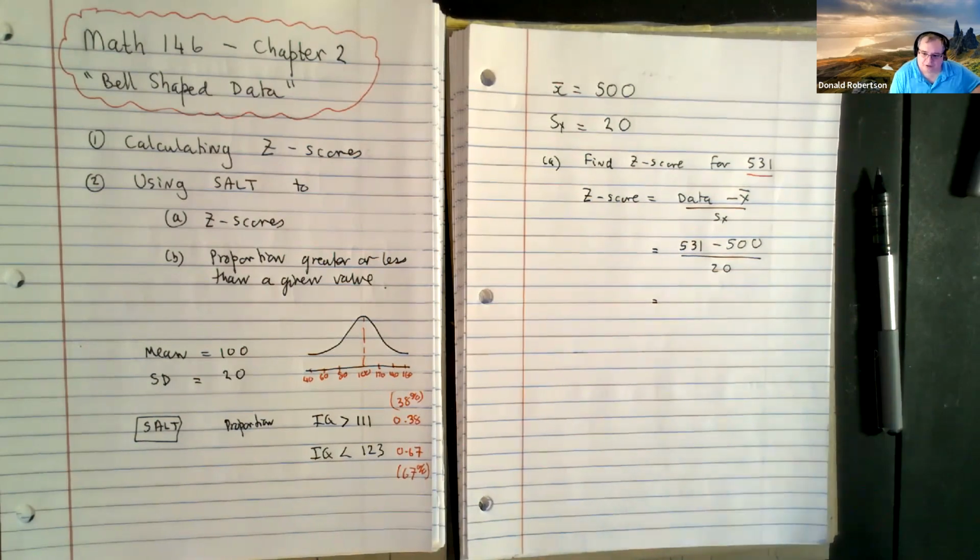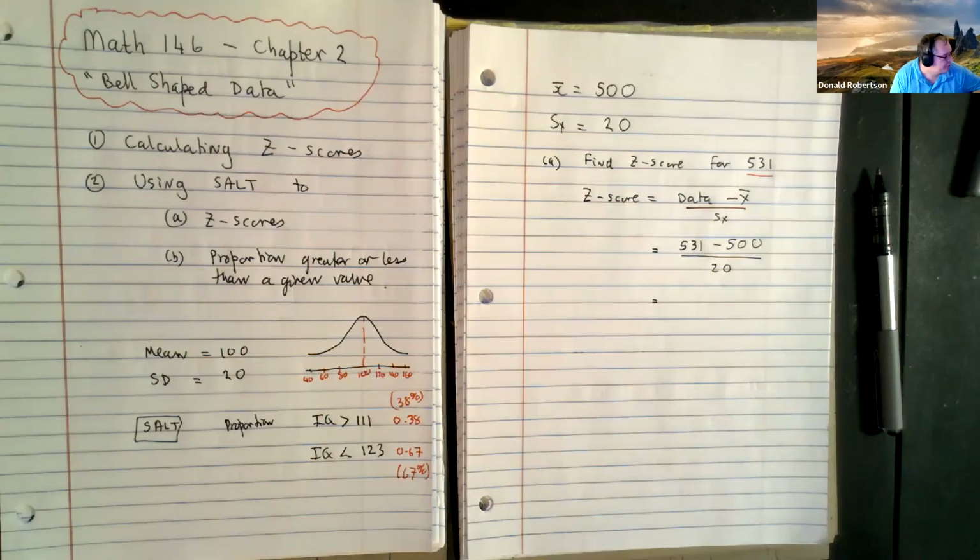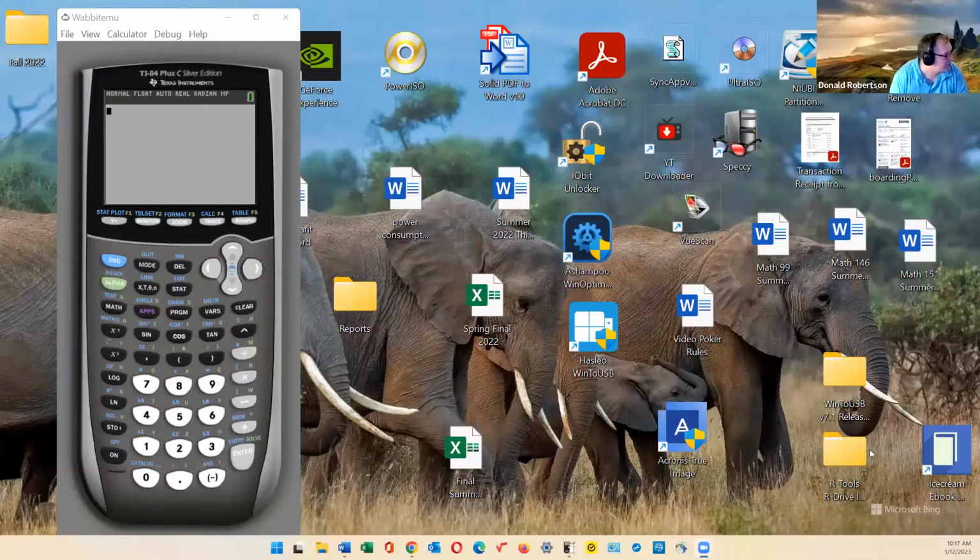So let's have a look. If you hold on for a moment while I set up my calculator, and I said I'm about to do a deliberate mistake on my calculator. And maybe you can tell me when you see it what I did wrong. Well, according to the calculation I just wrote down there, it's the data point 531.